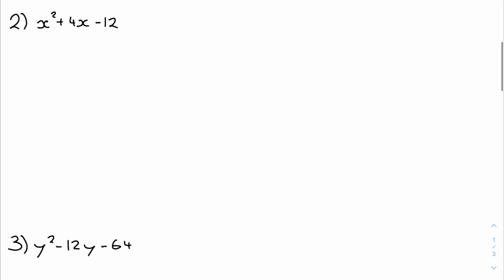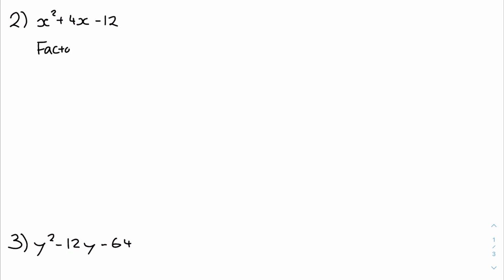Okay, so let's have a look at question 2. We have x squared plus 4x minus 12. Same sort of thing, we want to start off by looking for factors of minus 12. So we can have 1 multiplied by negative 12, minus 1 multiplied by 12. We can also have 2 multiplied by negative 6, or minus 2 multiplied by 6.